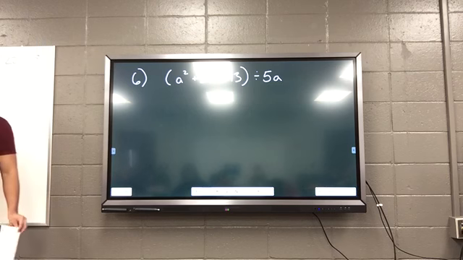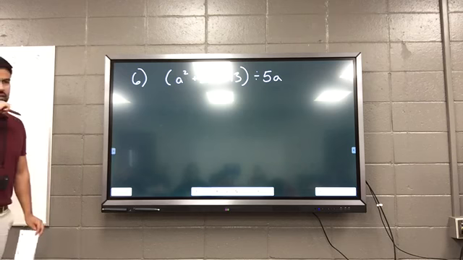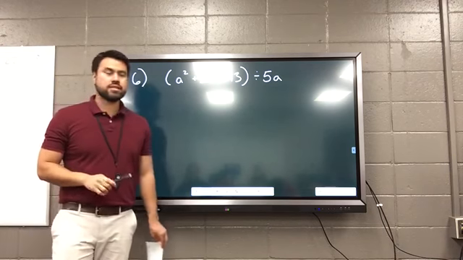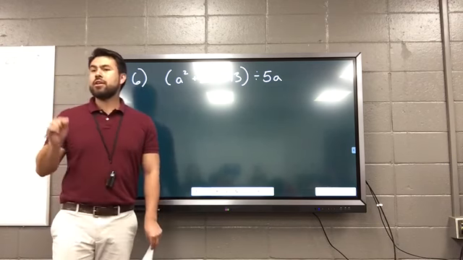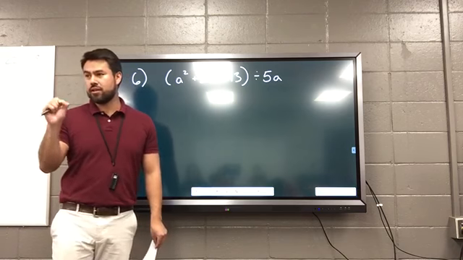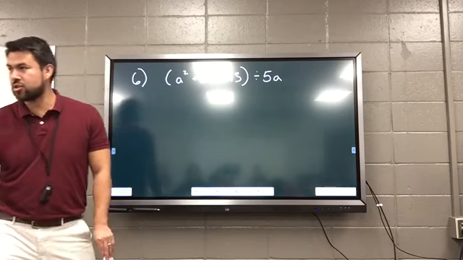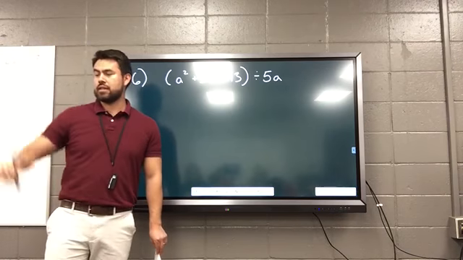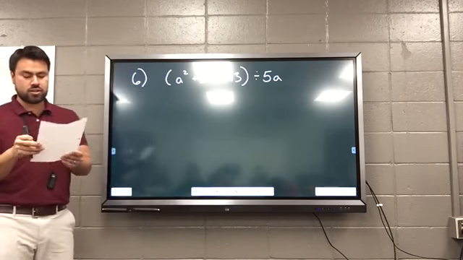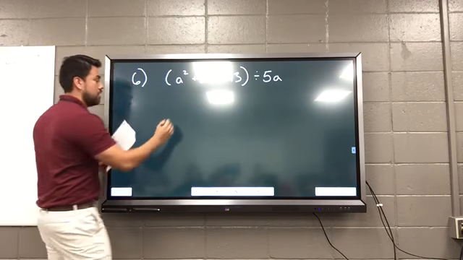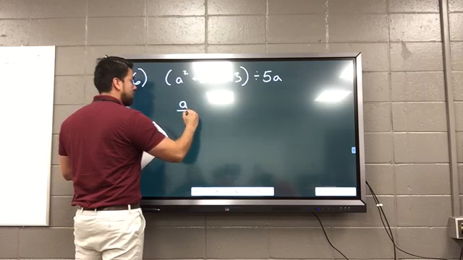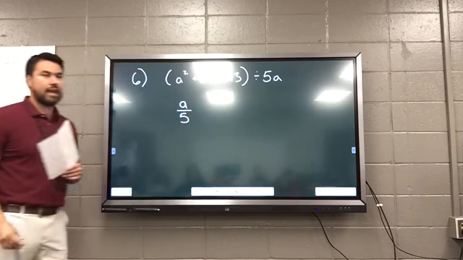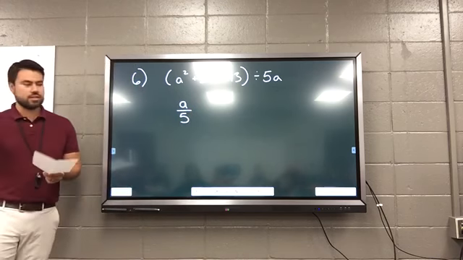Okay, I'm going to ask different groups for different parts of the answer. I don't want all of it, so please listen carefully. What would be your first fraction or first part of your answer, Beth and Riley? Yeah, a over 5. You can say a fifths, which is weird, but you can just say a over 5.